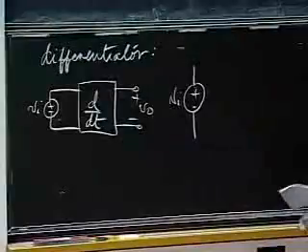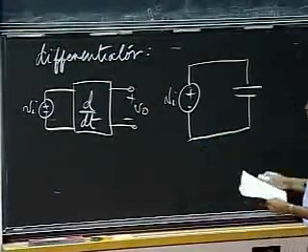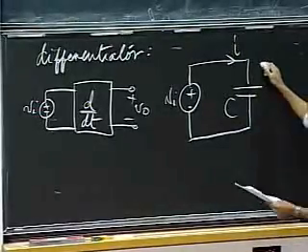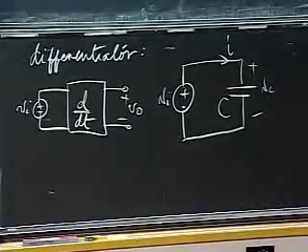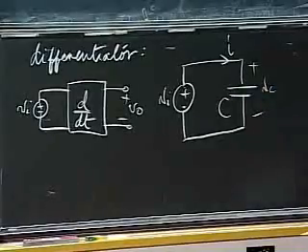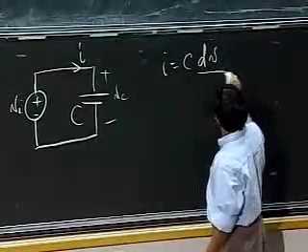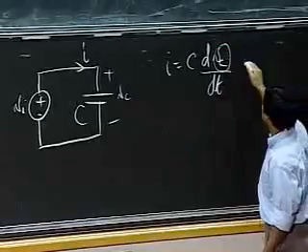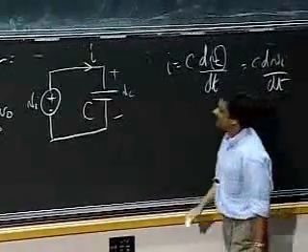So if I have a VI, and I stick this across a capacitor, I have a current I and some voltage VC across the capacitor. What does I relate to? I is simply C dVC dt, and VC in this case is simply VI, so I is C dVi dt.